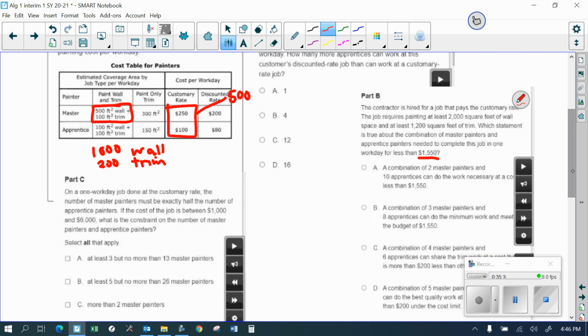Okay, 10 apprentices, we got 1,000 each, 1,000 here and 1,000 here, and 10 times that is 1,000. So that'd be 1,500, which is less than the 1,550. And so this is a total of 2,000, and this is a total of 1,200. And that fits it.